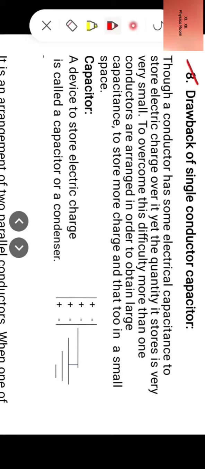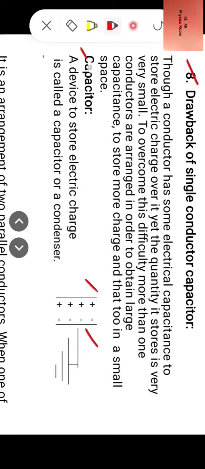To overcome this difficulty, more than one conductors are arranged in order to obtain large capacitance, to store more charge, and that too in a small space. As shown in the diagram, we have two conductors instead of one conductor for making a capacitor. This capacitor can store a large amount of charge, that too in a small space.